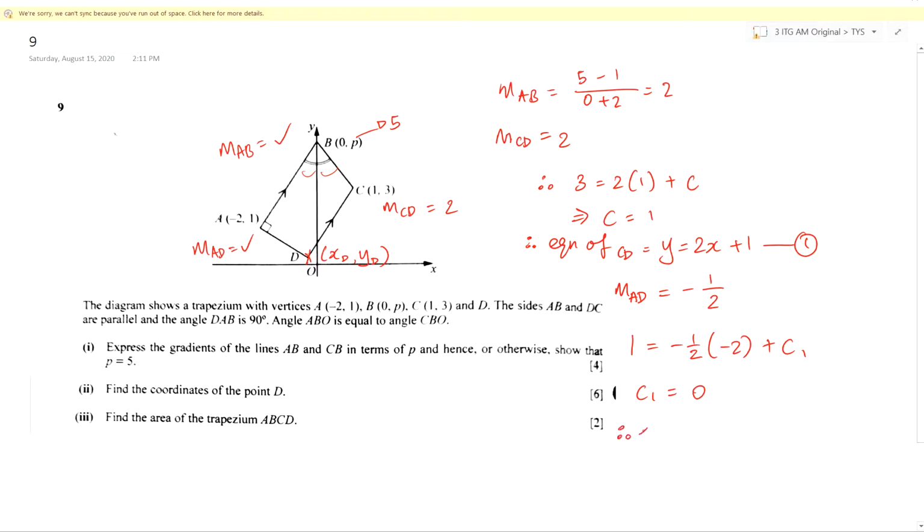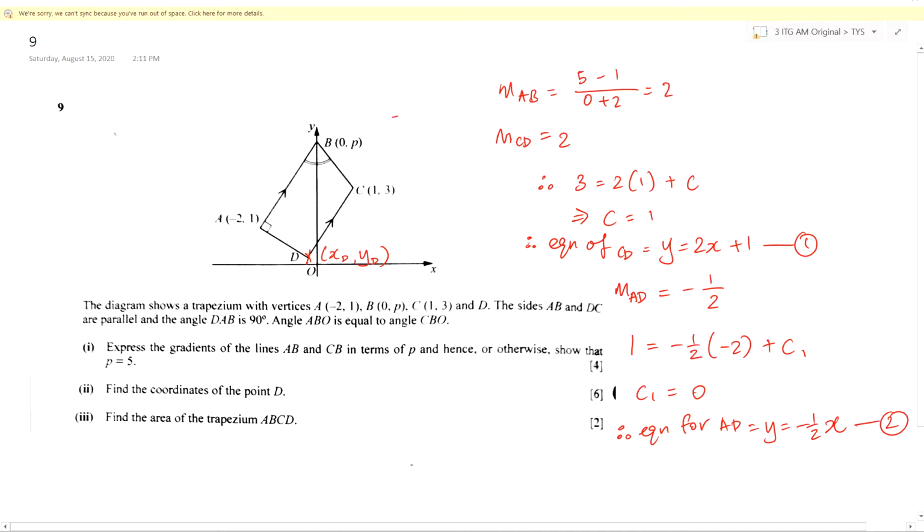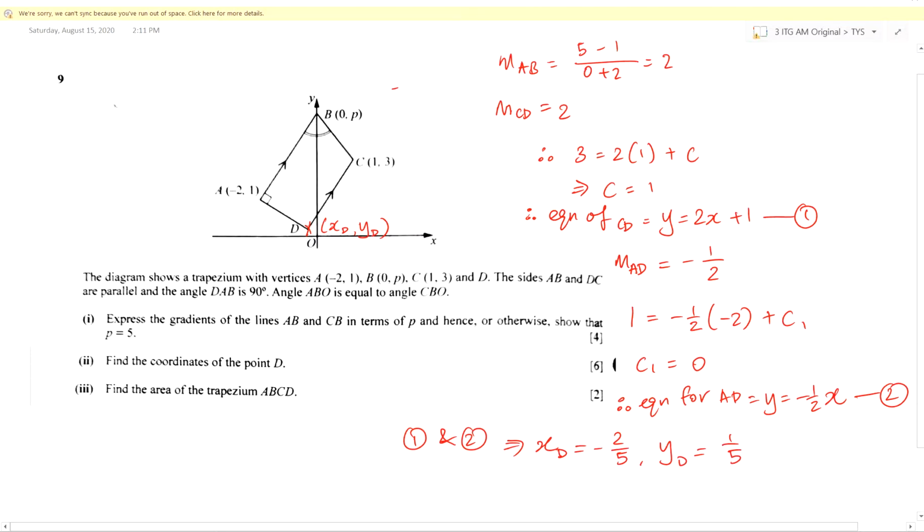So the equation for AD is actually y equals to negative half x. And this is our equation number 2. So solving them, equation 1 and equation 2 at the same time, simultaneously, we will end up with xd equals to negative 2 over 5, and y has a value of 1 over 5. So d has coordinates negative 2 over 5 and 1 over 5.